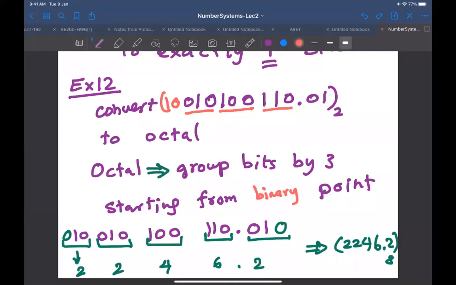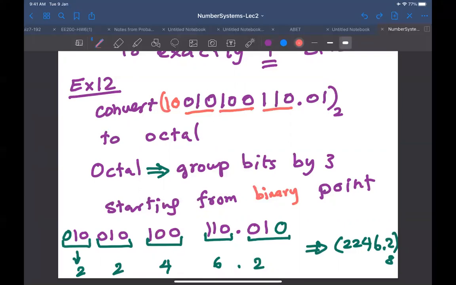Okay. Any question? Yes, doctor. If, instead of having the 10 in the beginning, we left it as 1, could we solve the question by adding 2 zeros before the 1? Excellent question. Yes, you should pad the required number of zeros to make it 3 bits.